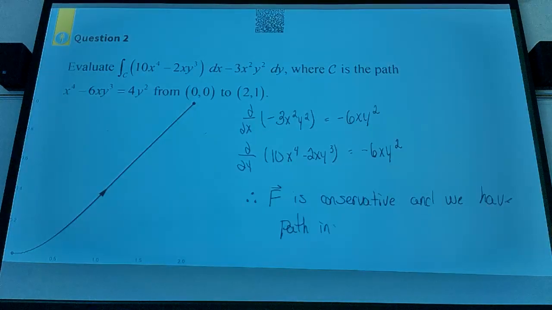What you could do is try and find a potential function, but I actually find that to be pretty difficult in this case, or at least more difficult than what I'm going to do.